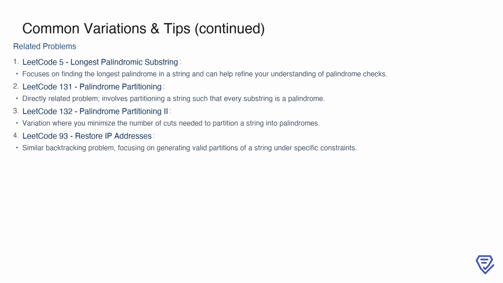This reinforces your skills in partitioning a string so that every substring is a palindrome. Another variation is LeetCode problem 132, where the challenge is to minimize the number of cuts needed to partition a string into palindromes. Finally, LeetCode problem 93, restore IP addresses, involves a similar backtracking approach but with the goal of generating valid partitions of a string based on specific constraints. Working through these related problems can help you build a stronger foundation and recognize patterns across different types of partitioning challenges.